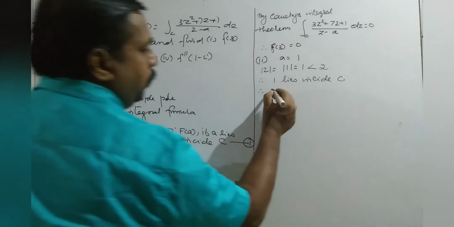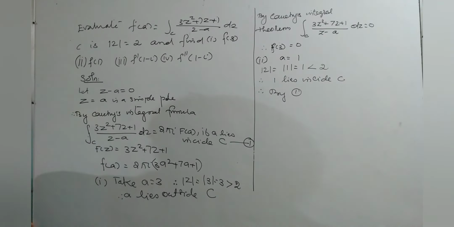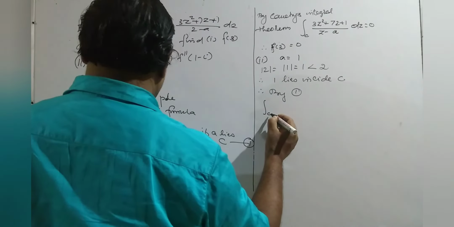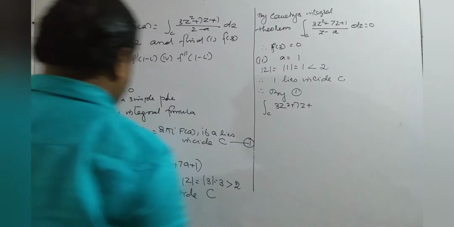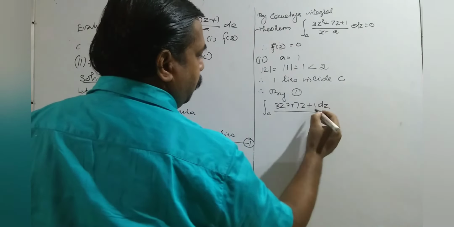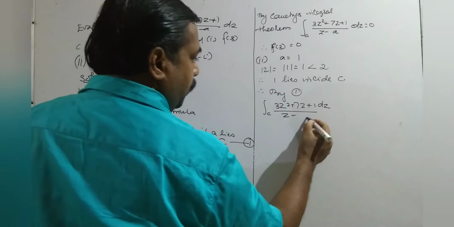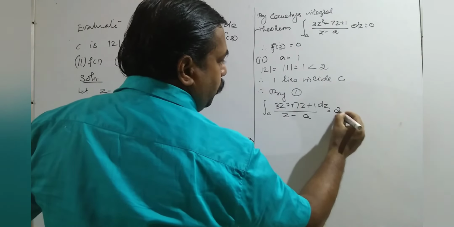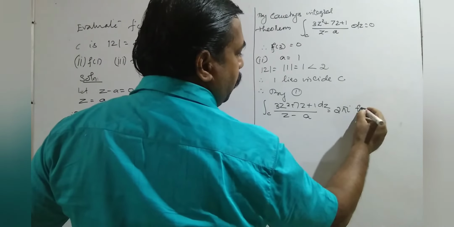Therefore, by equation 1, the integral over C of (3z square plus 7z plus 1) dz by (z minus a) is equal to 2 pi I into f of a.